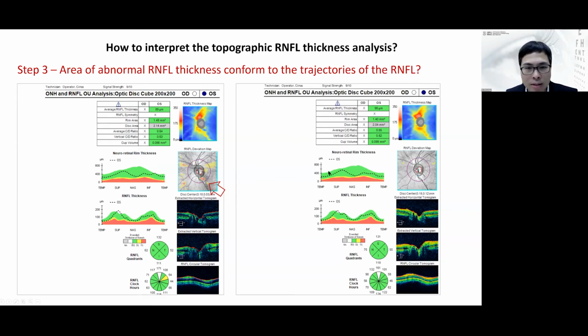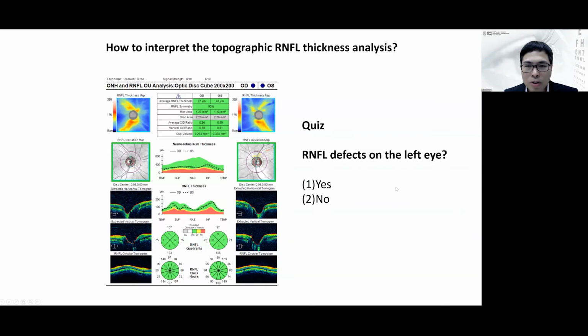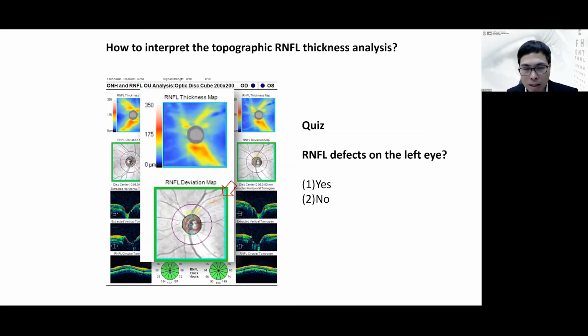So noticing that the previous area of abnormality is a false positive, I would like to ask you, in this example, I show a bigger view here. You notice that there's also a patch of abnormal pixels indicated in red.